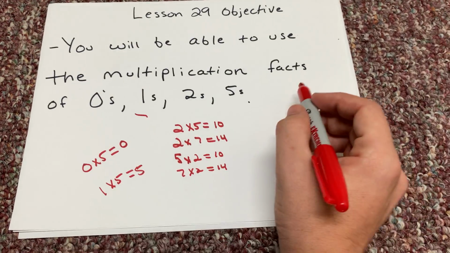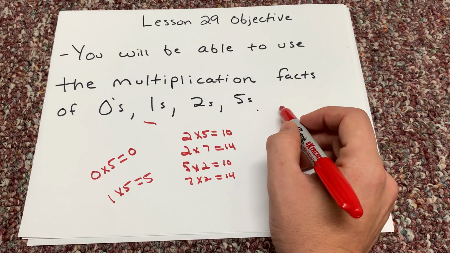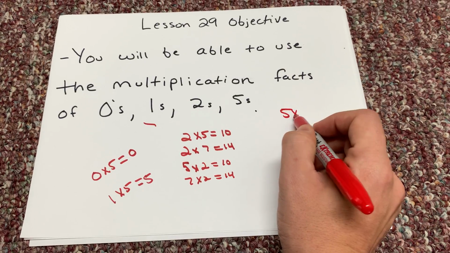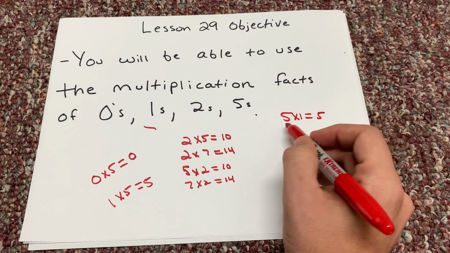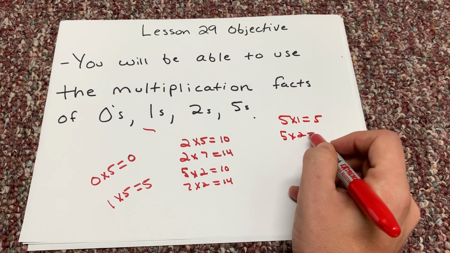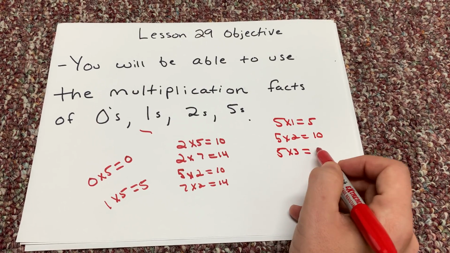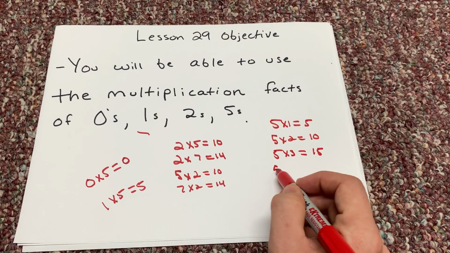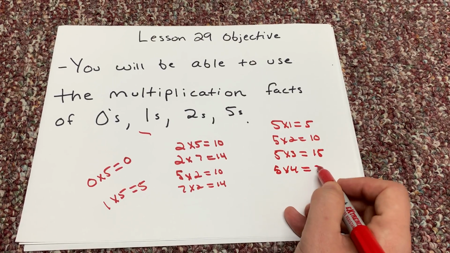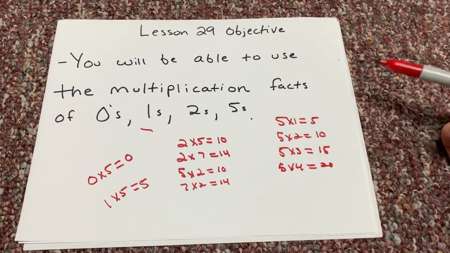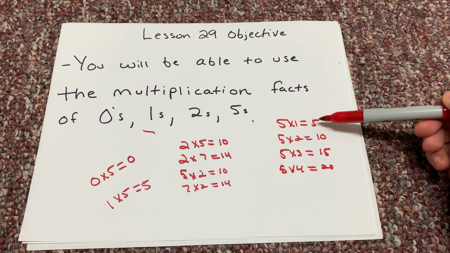Then we looked at our 5's, which we counted by 5. So we had 5 times 1, which equals 5. 5 times 2, which equals 10. 5 times 3, which equals 15. 5 times 4, which equals 20. And we notice when we have our multiples of 5, we're counting by 5s.